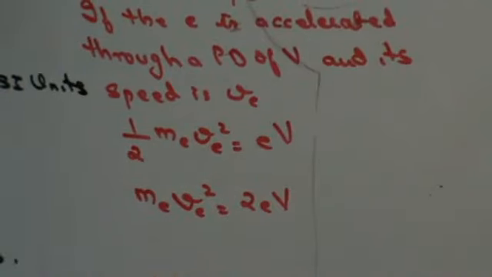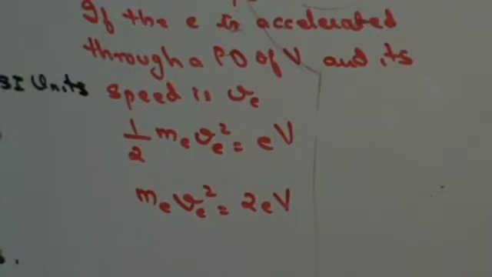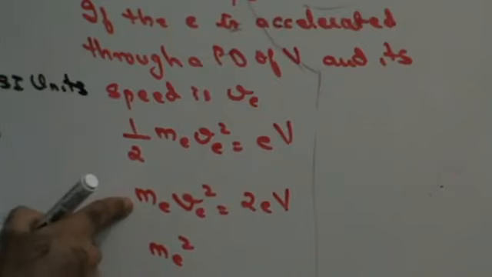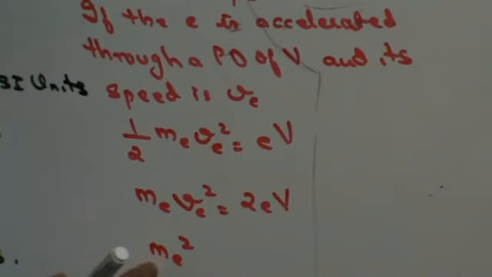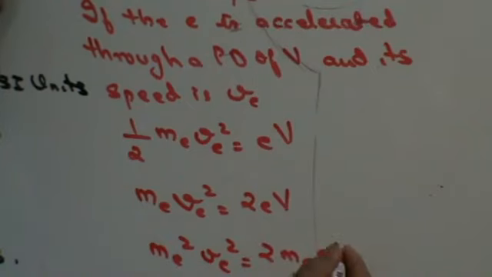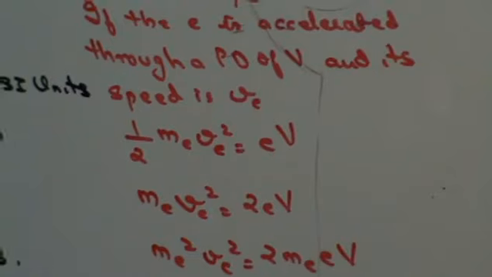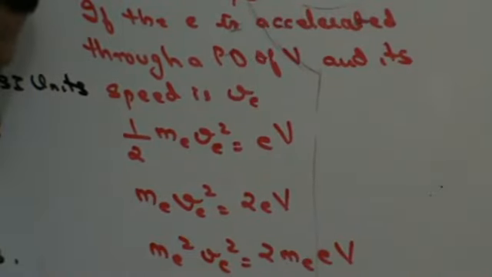So I could say that, multiplying both sides by m, mass of the electron, I'm making this mass of the electron square into velocity of electron square is 2 times mass of the electron, charge on the electron, into potential difference. Take square root on both the sides. So mass of the electron into velocity of the electron is square root of 2meV.